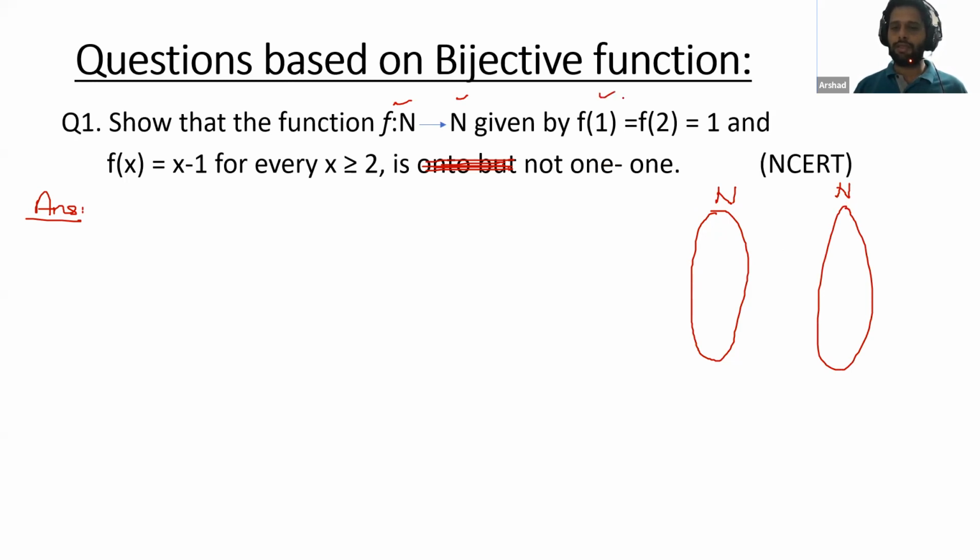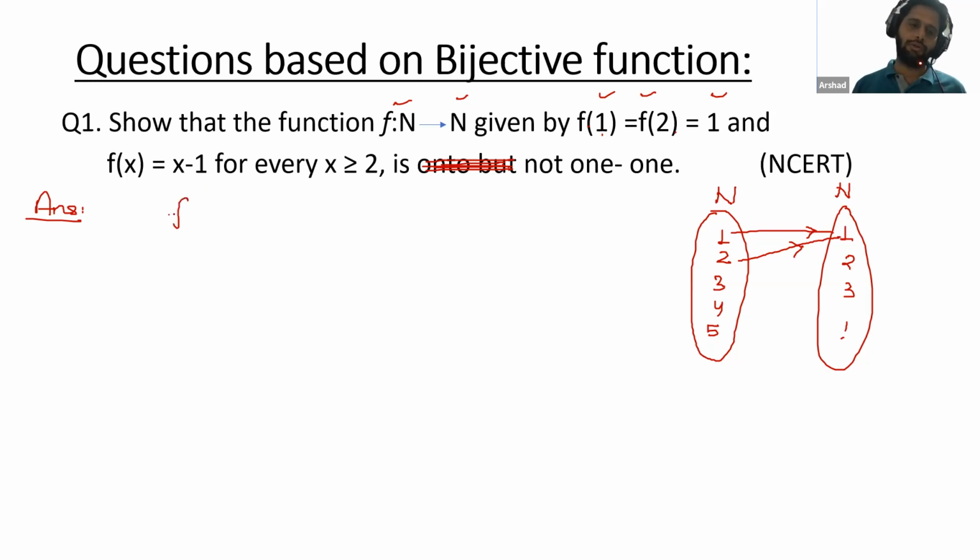What they are saying here is that if you write 1, 2, 3, 4, 5, here you will also get natural numbers 1, 2, 3, and so on. If you put 1 in the function, you will get 1. So 1 is associated with 1. If you put 2 in the function, you will again get 1. So 2 is also associated with 1. So this is not one-one.